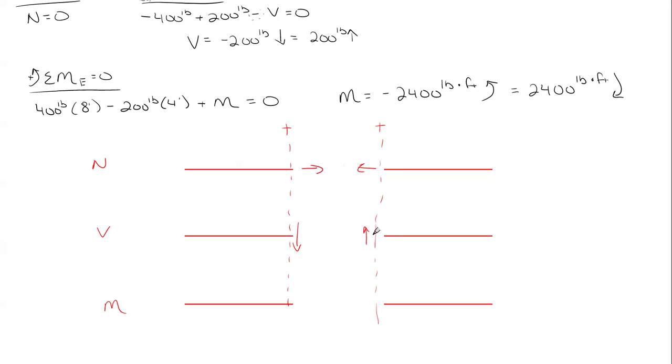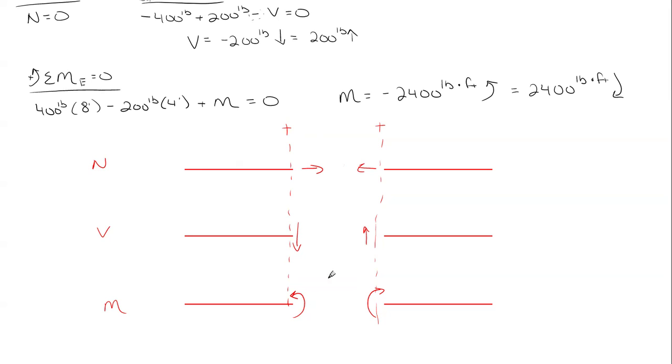If it's upward on the left end of the right segment, that is positive. And this will make a lot more sense when you're talking about shear moment diagrams. Moment, if it is rotating on top of the beam, so it will be counterclockwise on the left side, clockwise on the right side segment, that is positive.